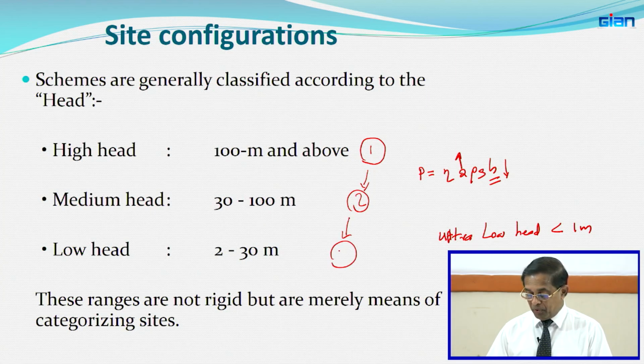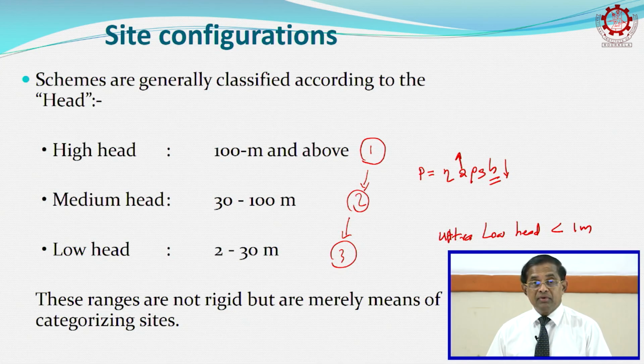In low head projects, the civil structures are fairly big, therefore a little bit more expensive, because large volumes of water have to be dealt with. You have to have wells and other things where they need to handle big quantities, Q. Maybe Q may run into say 50 cubic meters per second. You can think of how to handle that.